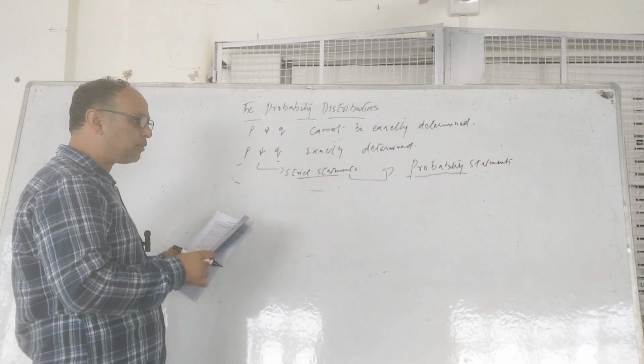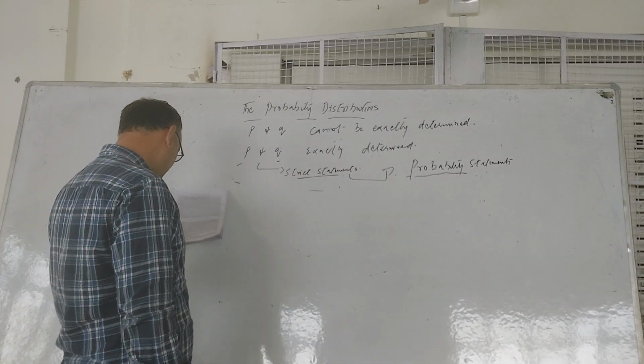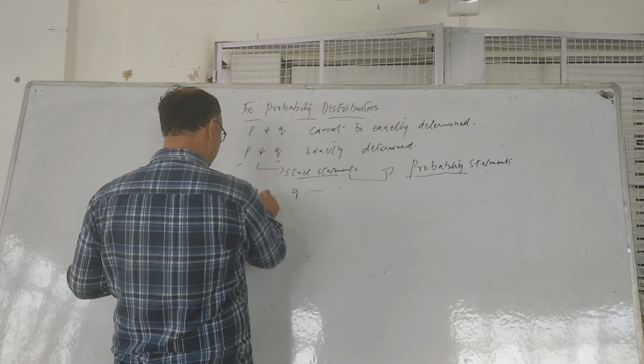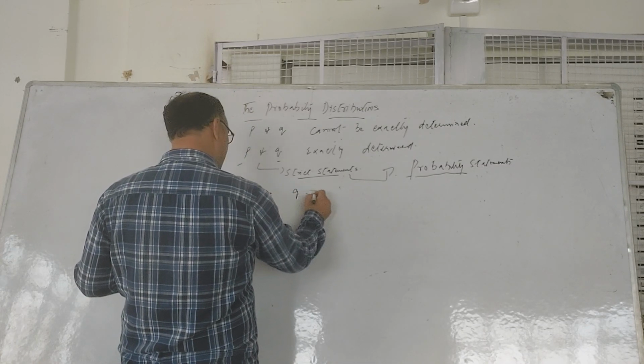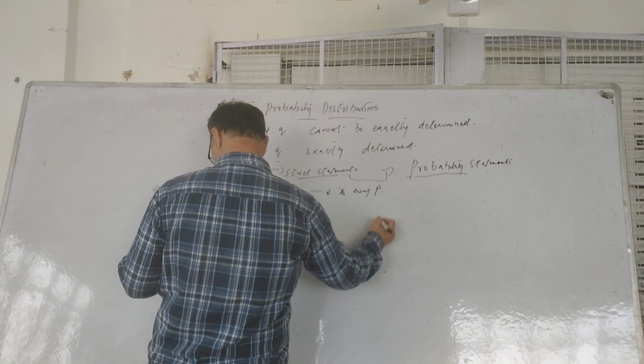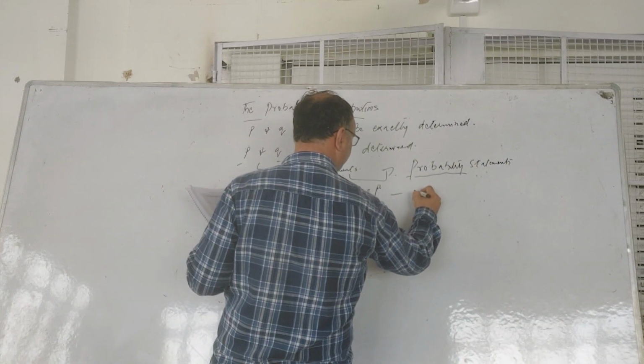In which to every coordinate q, and to every p, a value of probability will occur.